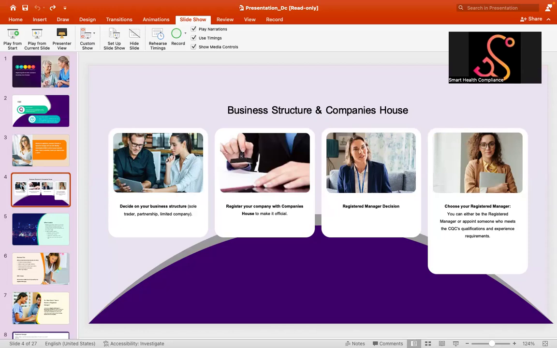So have you thought about, is it just yourself or is it a family member, business partner that you're doing this project with? If so, when you register on Companies House, you need to ensure that the relevant people are named on Companies House, as well as the correct business structure. You'll then need to decide who is going to be the registered manager.